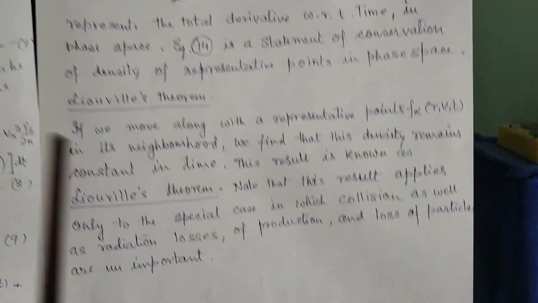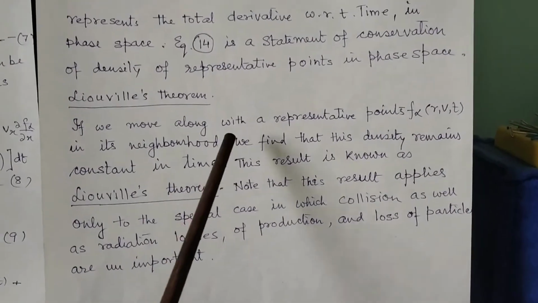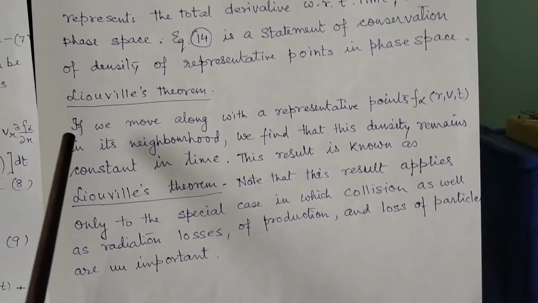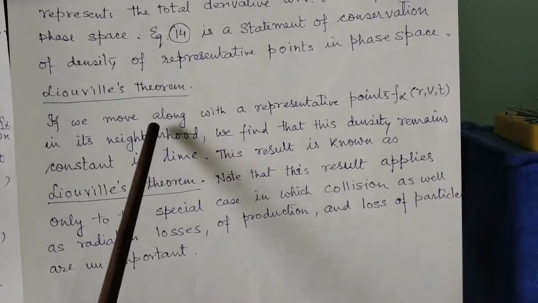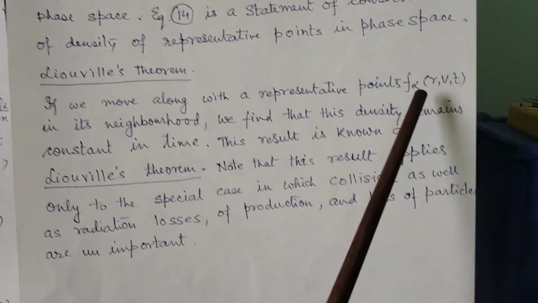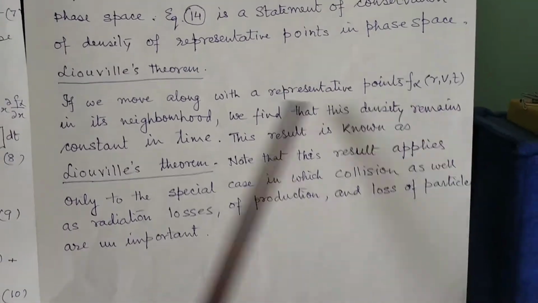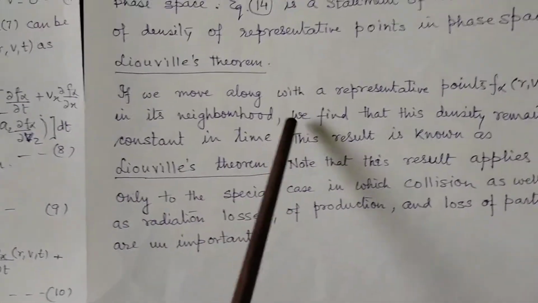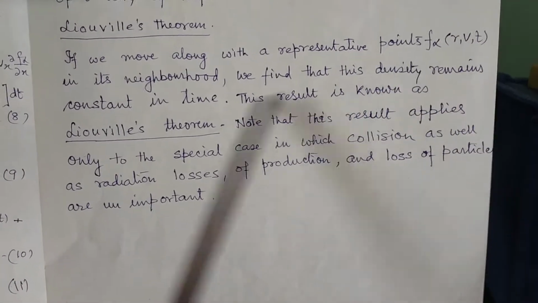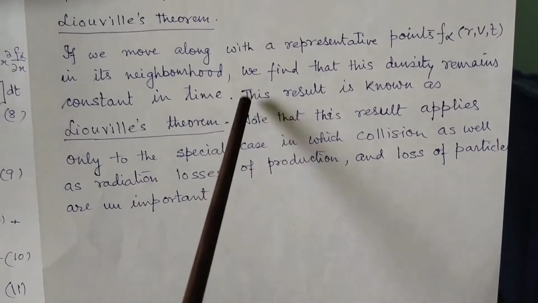Now let us discuss Liouville's theorem, which is in continuation with the Boltzmann equation. If we move along with a representative point, that is f_α(r, v, t), in its neighborhood we find that this density remains constant in time.